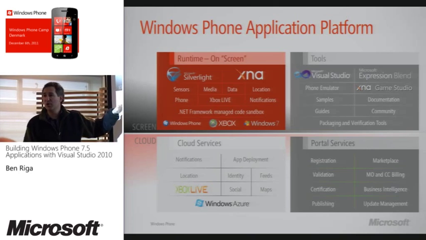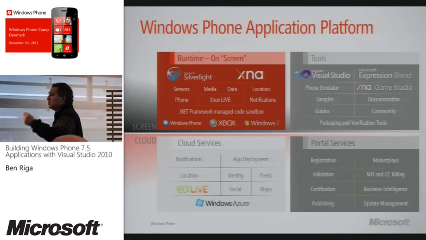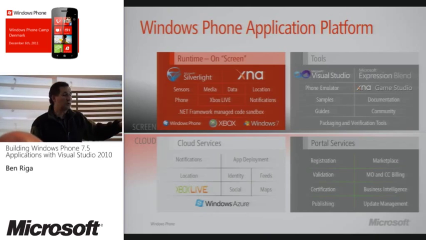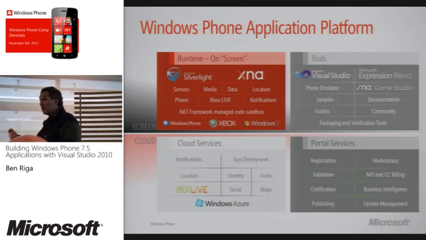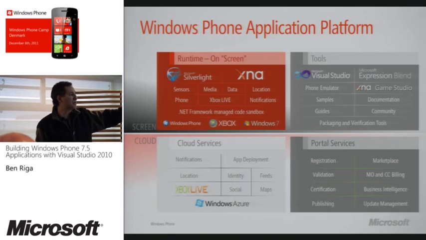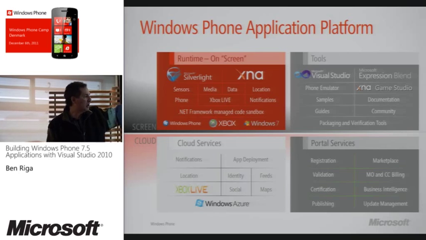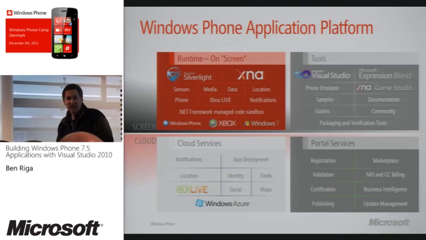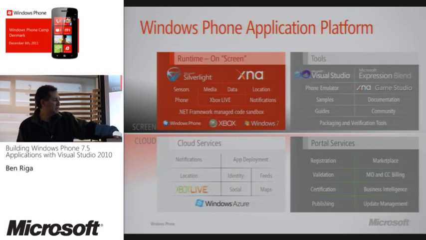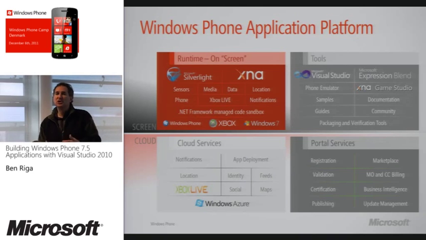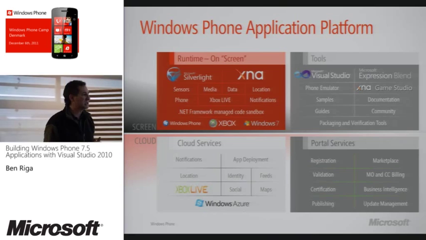For instance, we have our own notification service where we do push notifications for you. We'll spend some time talking about that later today. There's a location service where you can request information about the location of the device and so on. Those are things you would do as part of your development. And then there's other services like deployment, identity, maps that are just part of the experience that you'll have. And then there's other services like Windows Azure, which are a little bit more generic, that you would use perhaps to host your web service applications in the cloud.